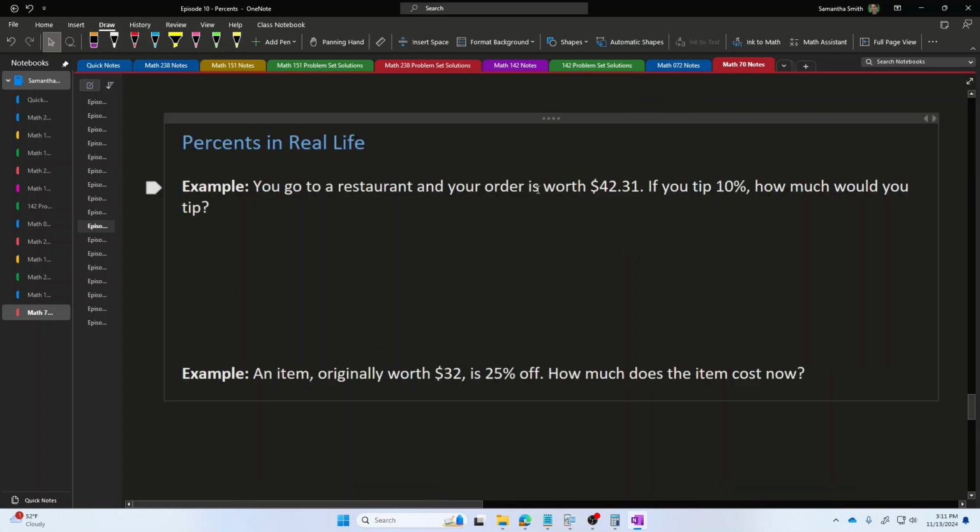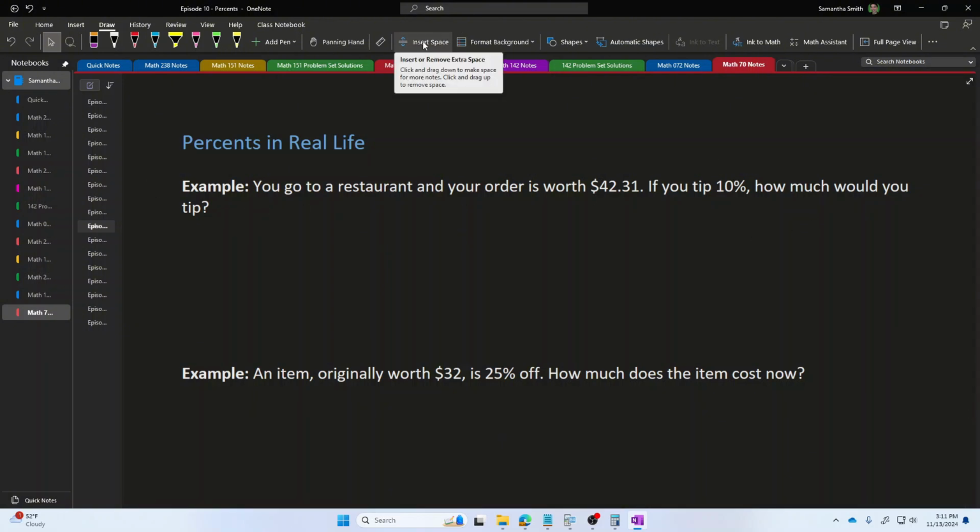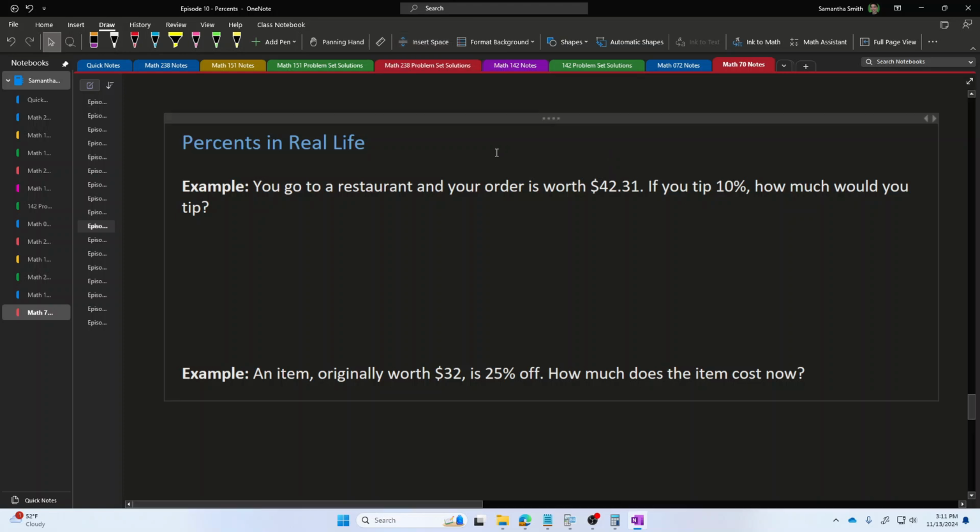Let's do a couple of real-life examples of where percents show up. So someone says, you go to a restaurant, your order is $42.31. And maybe you're the kind of person who tips 10% on an order. If you tip 10%, and this is how much your order is worth, how much would you tip?